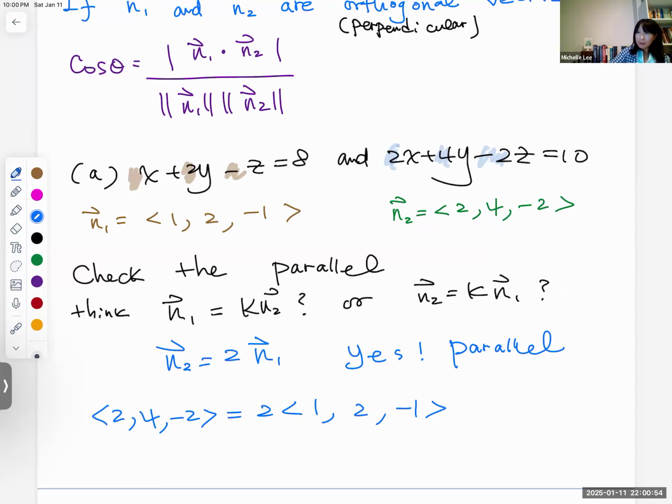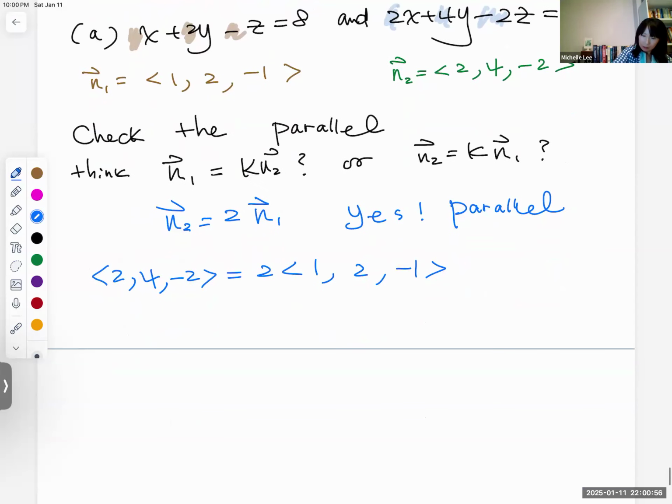How about the second one? The last one: 2x minus 3y plus 2z equal to 3, and 6x plus 2y minus 3z equal to 1.